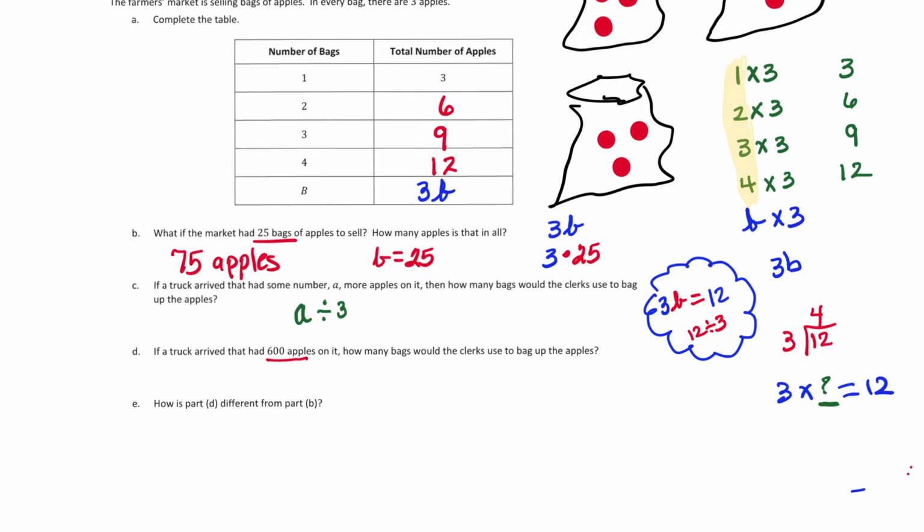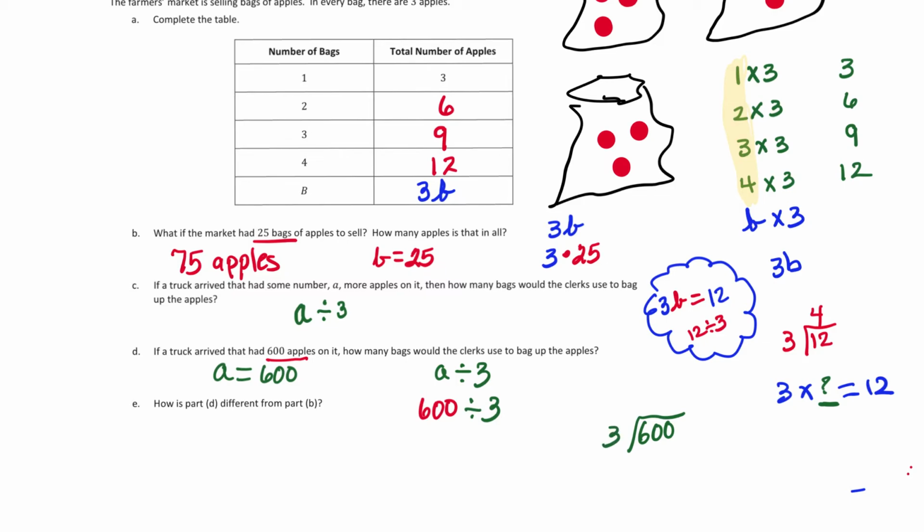So we can now use the expression that we had over here on the top, A divided by 3. We already know that A equals 600. And instead of writing A, we're going to write 600 divided by 3.